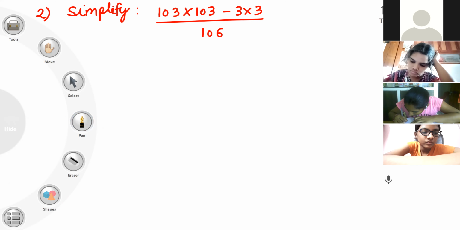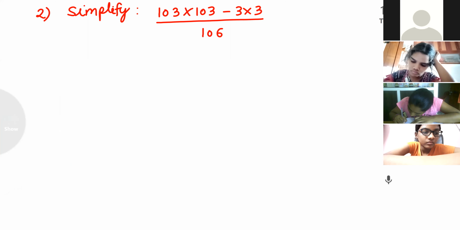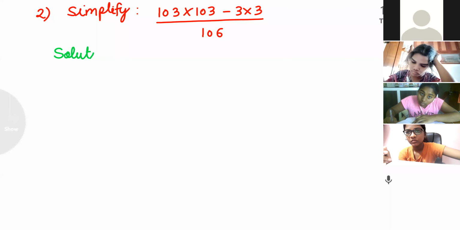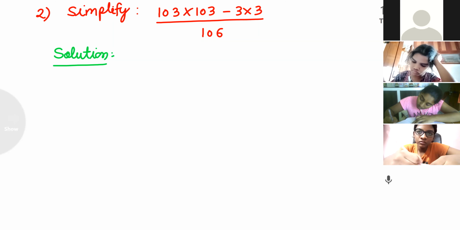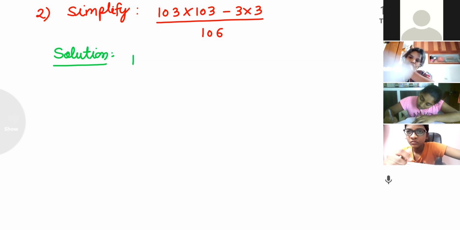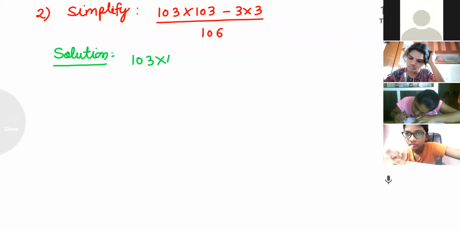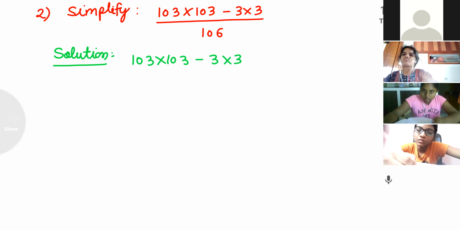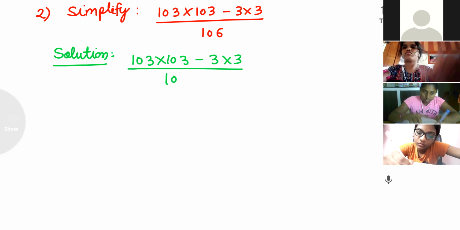I hope students you are getting idea how to solve this question. Numerator is coming a square minus b square, right? Start solving along with me. I want to write the question again. 103 into 103 minus 3 into 3 whole divided by 106.